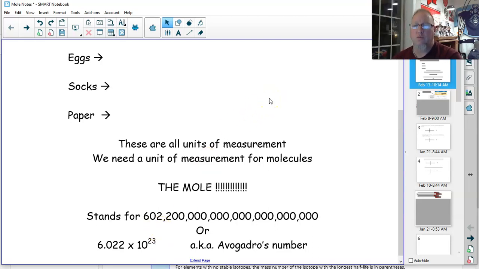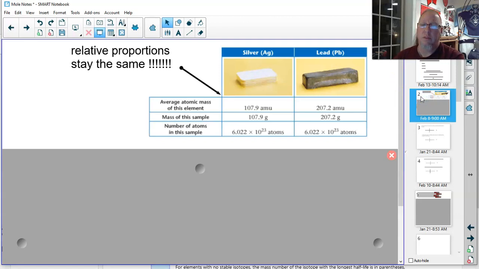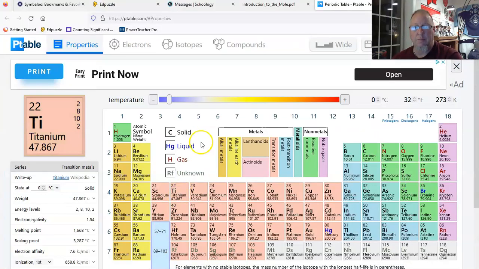One of the things that's really super important in order to understand about the mole is that there is a relationship between the atomic mass unit and how many grams something is. And the number that's on the periodic table, if you were to go to ptable.com and look at the numbers that were there back in Unit 3, we learned things like, and you had to write it on your test, if you had a boron atom, the mass was 10.81.